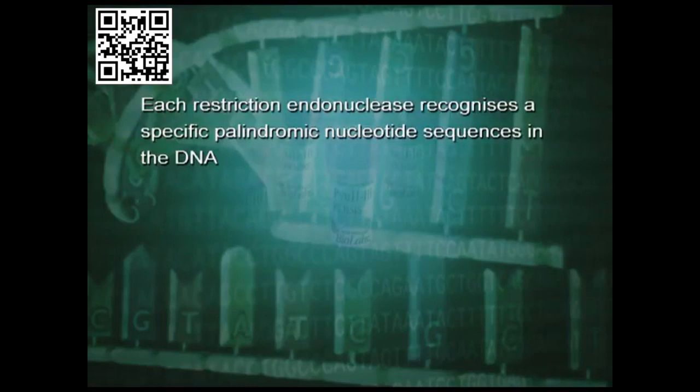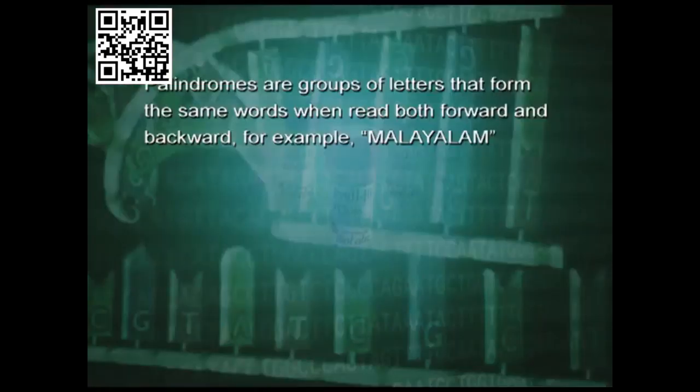Each restriction endonuclease recognizes a specific palindromic nucleotide sequence in the DNA. Palindromes are groups of letters that form the same words when read both forward and backward. For example, Malayalam. The palindrome in DNA is a sequence of base pairs that reads the same on the two strands when orientation of reading is kept the same.